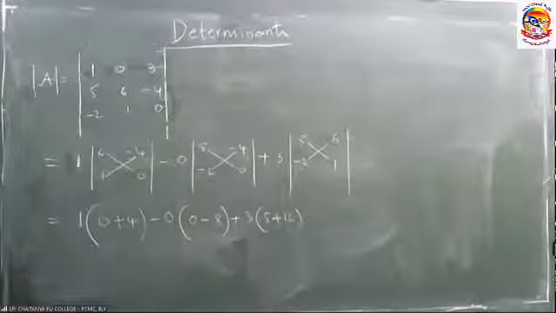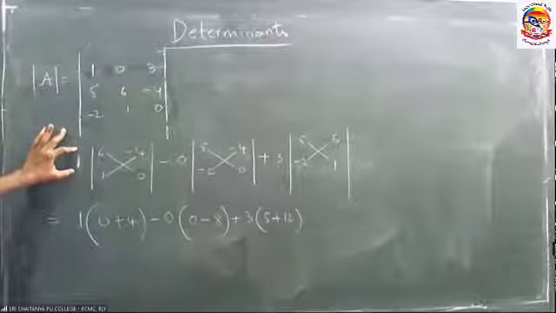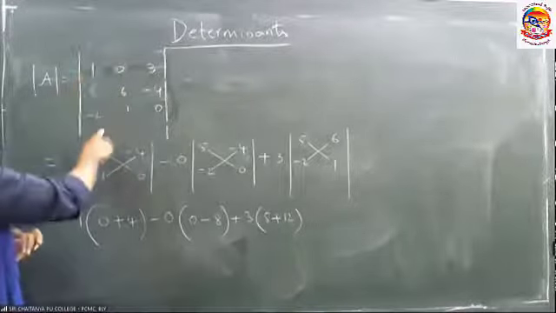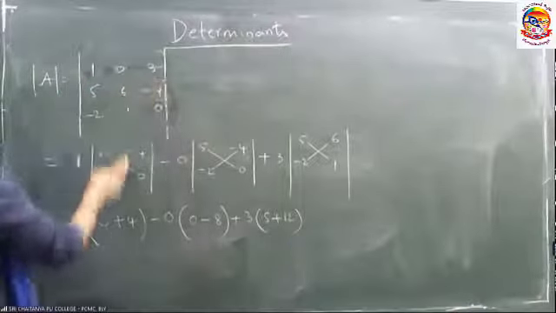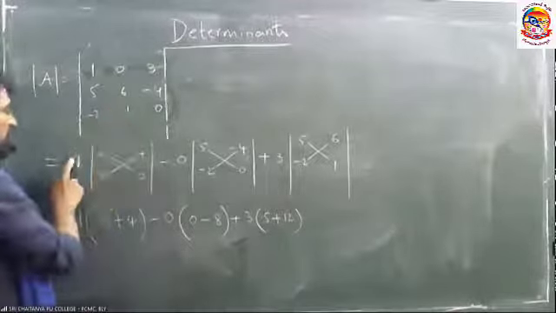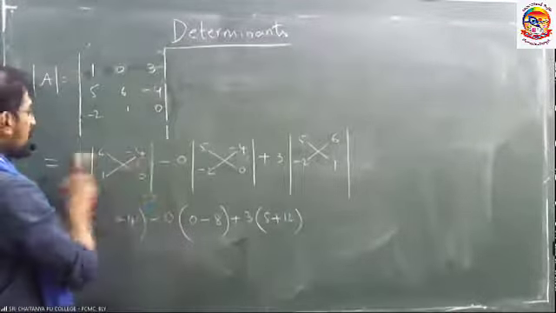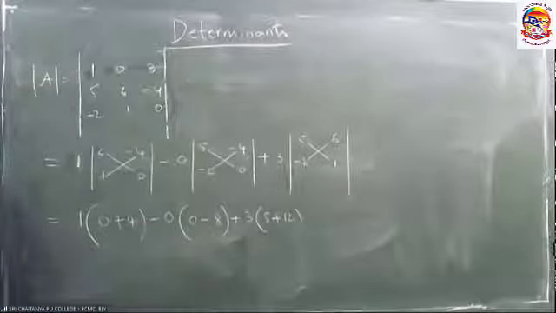I am repeating, this element into excluding this concerned column and row, you are going to get 4 elements. Write down here as a determinant. Positive over negative. Sir, why positive, negative, positive? You are going to get that in the next classes, like tomorrow or the day after tomorrow.